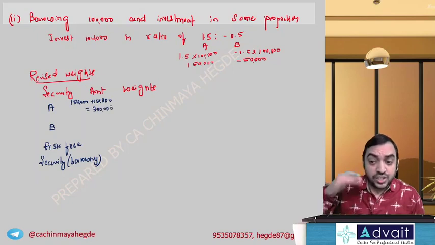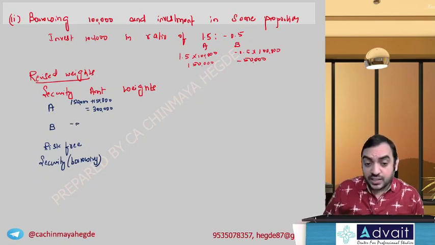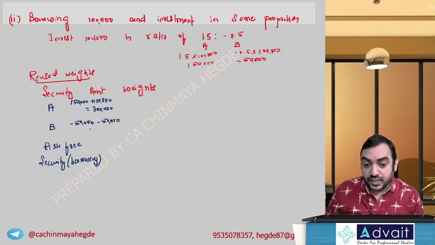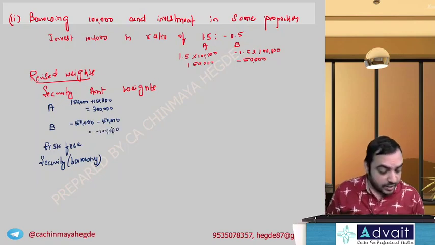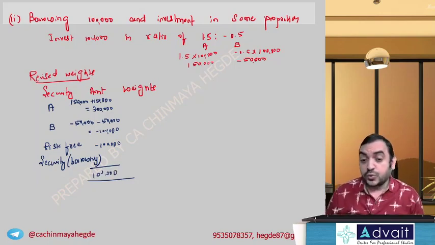Similarly, B, we had shorted 50,000 and we further short 50,000, so the total is minus 1 lakh. And the risk-free security you have borrowed, so that is also going to be minus 1 lakh. The total amount is 1 lakh. You borrowed 1 lakh in money, so borrowing, risk-free security minus 1 lakh.